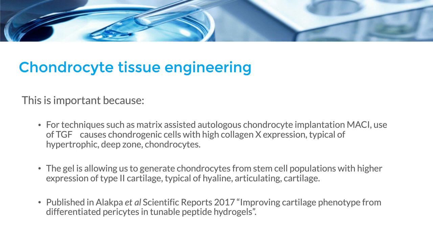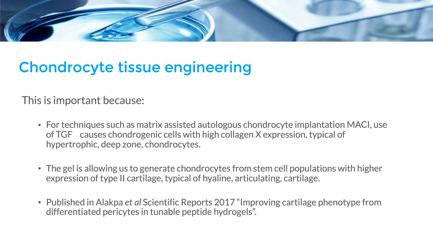The gel alone is allowing us to generate chondrocytes from stem cell populations with higher expression of type 2 collagen, typical of hyaline articulating cartilage, and this work was published in Scientific Reports in 2017, improving cartilage phenotype from differentiated pericytes in tunable peptide hydrogels.